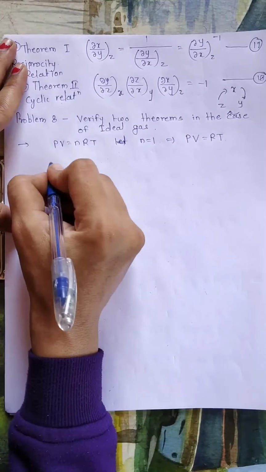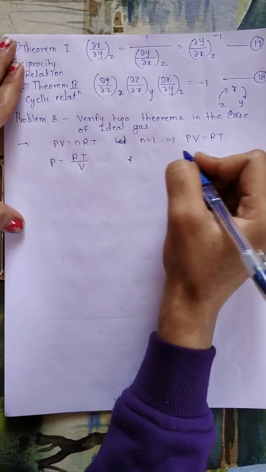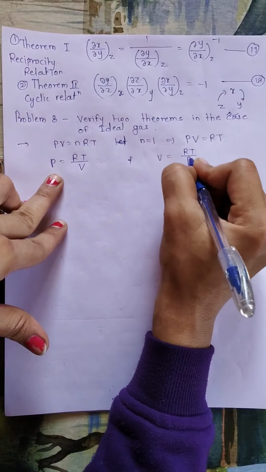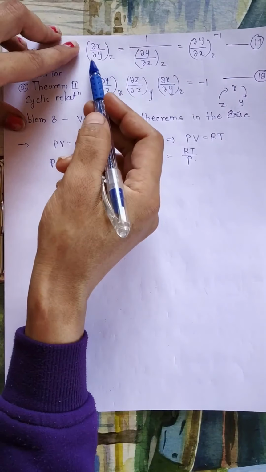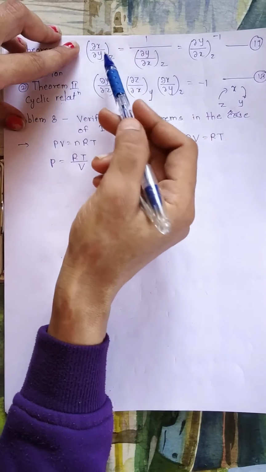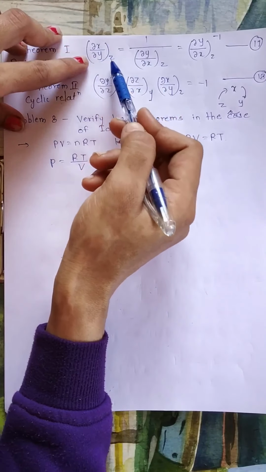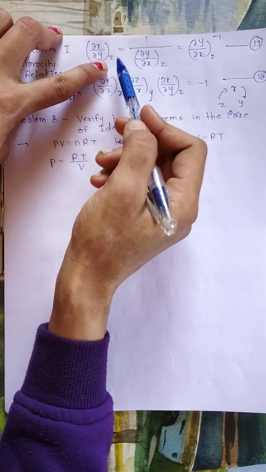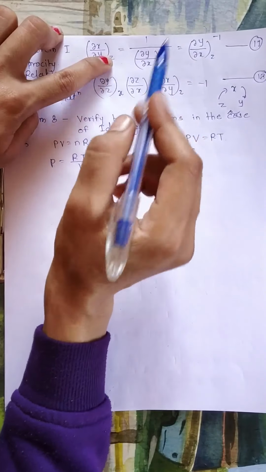So here I can write P = RT/V, and also V = RT/P. Why am I writing in this way? Because I have to prove the first theorem, in another form: (∂x/∂y at constant z) times (∂y/∂x at constant z) equals 1.